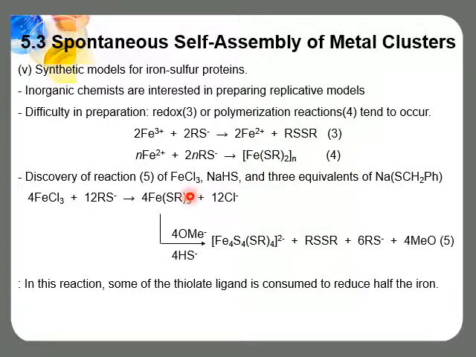And then, when some amount of NaHS and methoxide is added, there comes the cluster of iron sulfur. Here, some of the thiolate ligands were consumed to reduce half of the irons. So the starting irons were all Fe3+, but in the final one, there was a mixture of Fe2+ and 3+.